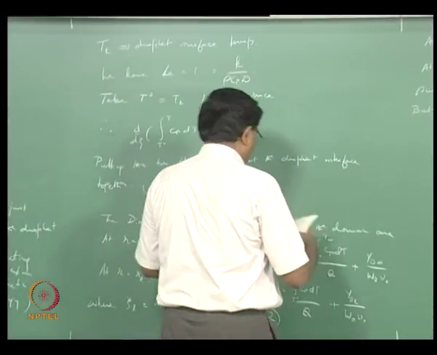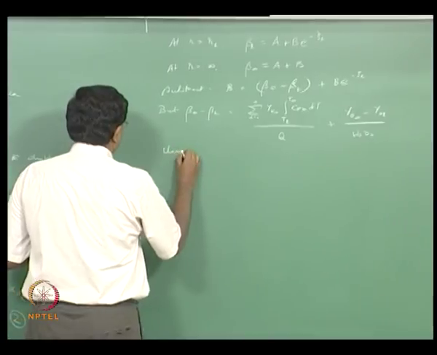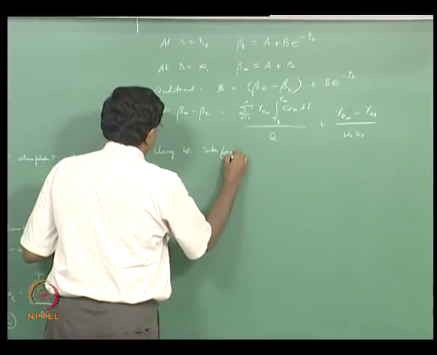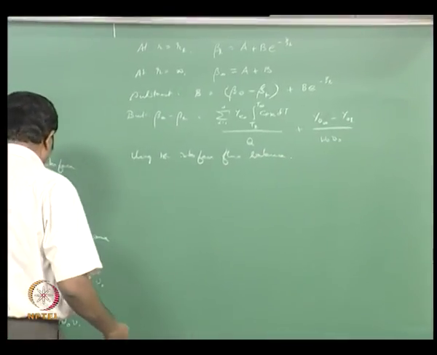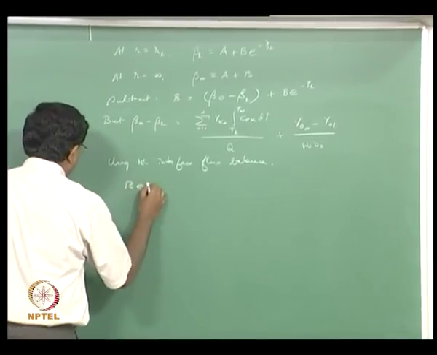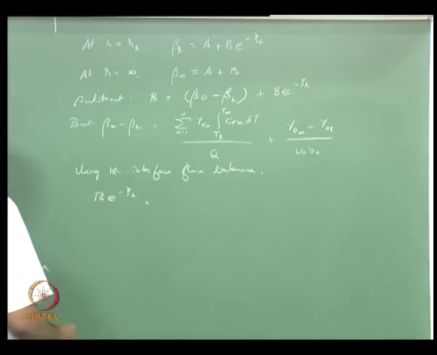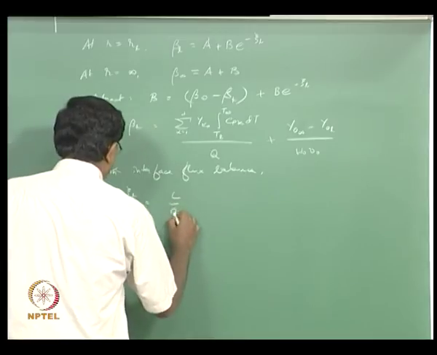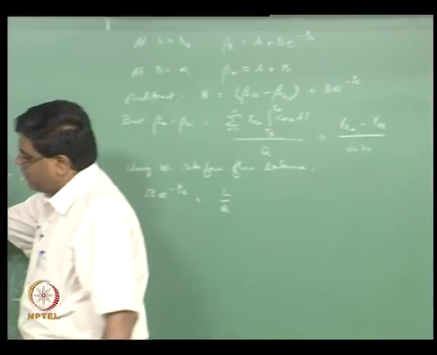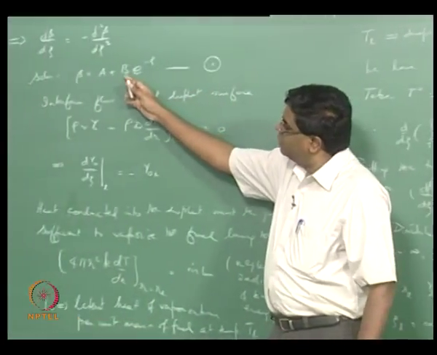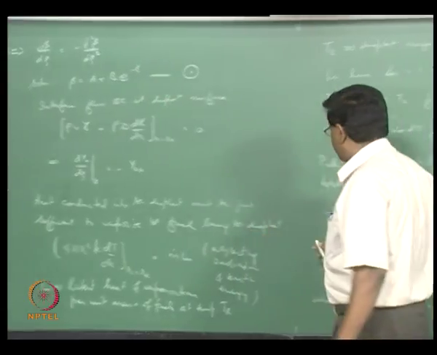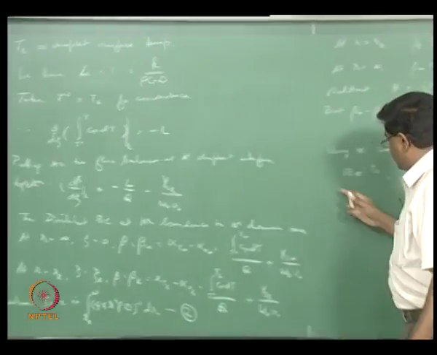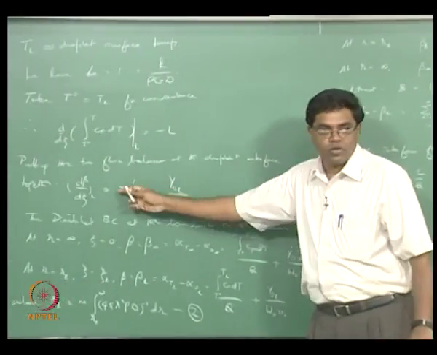So using the interface flux balance, we get B e to the minus psi L equal to L over Q. d beta by d psi is going to have a minus B e to the minus psi, evaluated at L. So we should have a negative sign, but they also had a negative sign here which I am going to turn as positive.